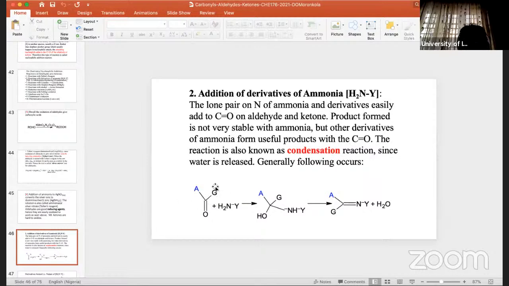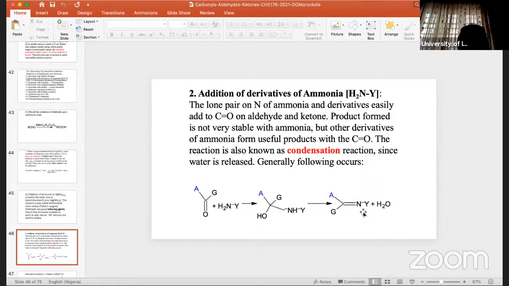What is happening here is that in the derivative of ammonia, there is an H2 here, which with O is responsible for the elimination of water, H2O. And then you now have the carbon of the carbonyl double bonding to the nitrogen. You have your final products in this form.